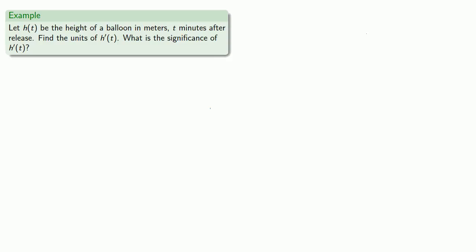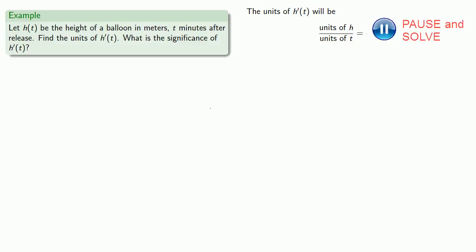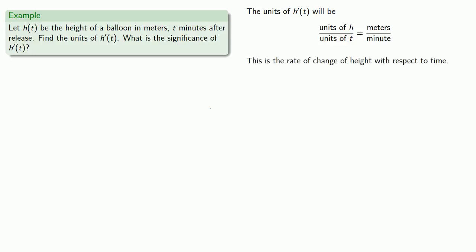Let's find the units of h prime of t and determine the significance of h prime of t. So first, the units of h prime of t will be the units of h over the units of t, and that will be meters over minutes.